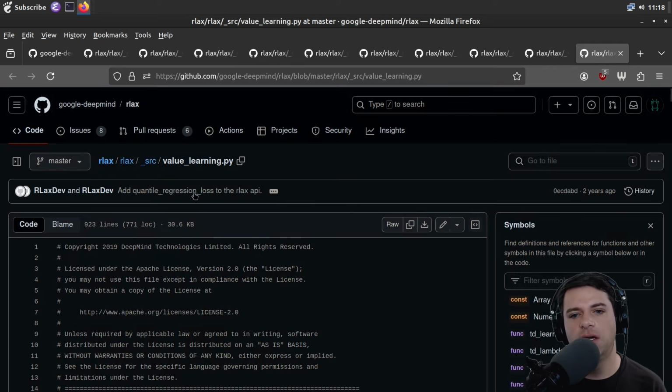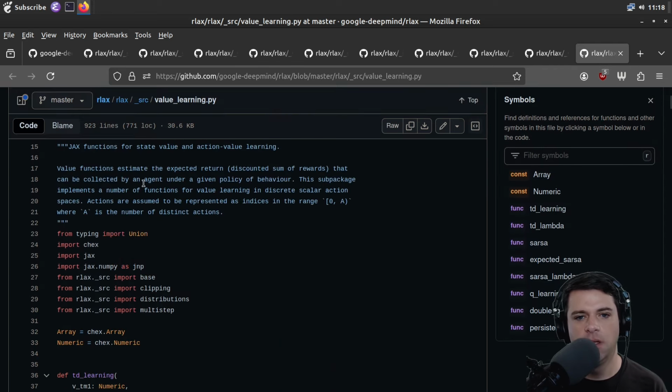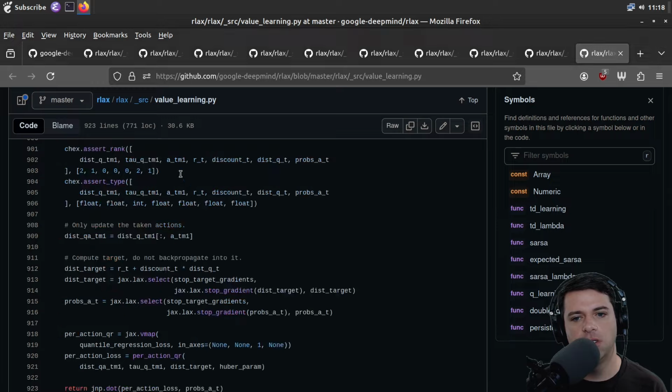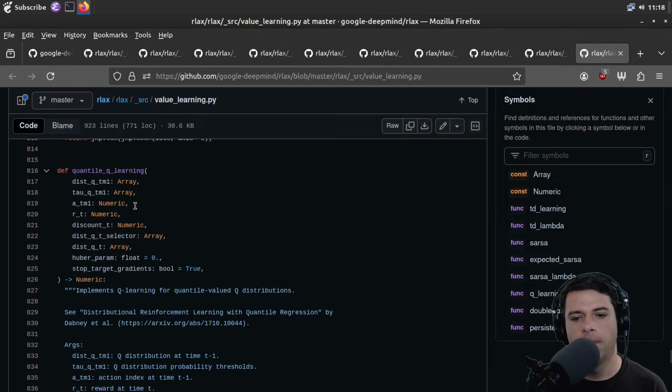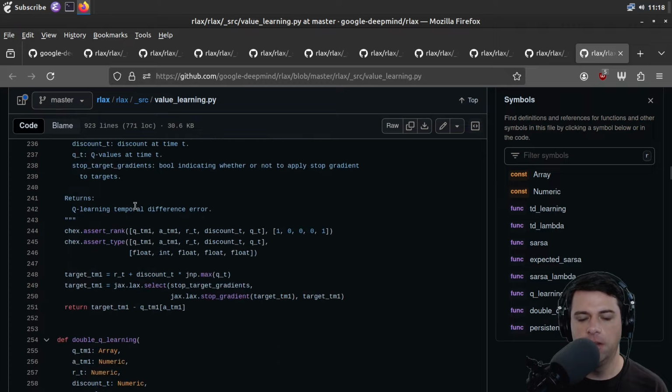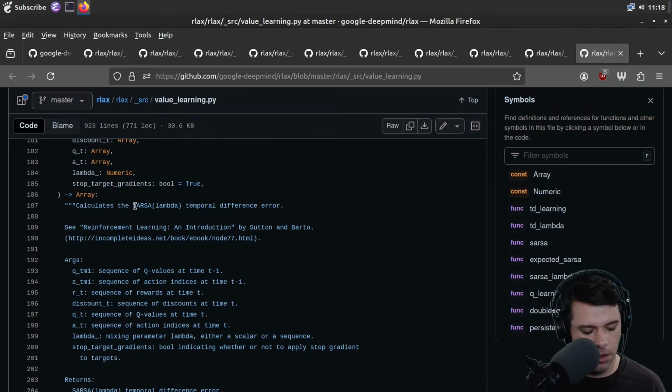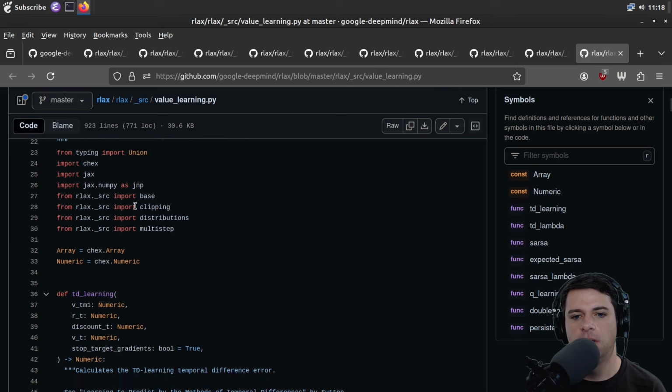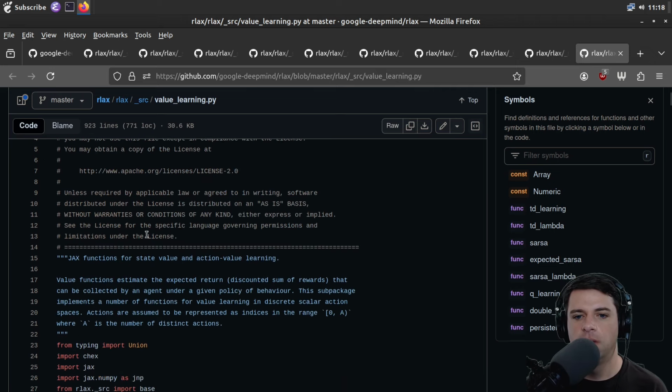Okay, so here's value learning. JAX functions for state value and action value learning. They estimate the expected return. So here we're dealing with expectation and not distributions. This is the standard approach. This is a long file, which is not surprising. It seems pretty central.